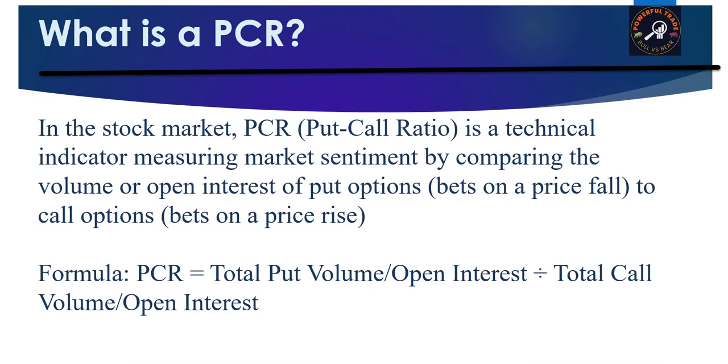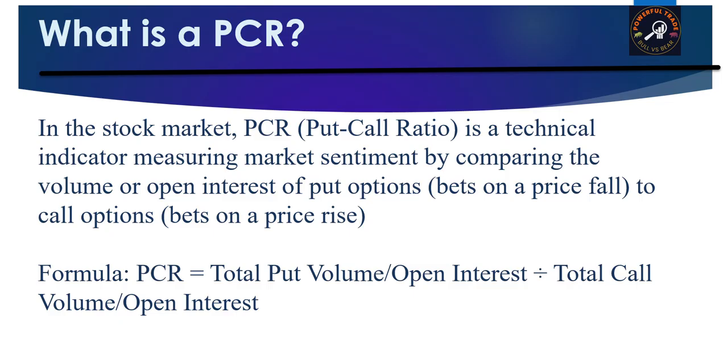Now we'll go into what PCR is and how it works. PCR is basically the put call ratio. It is a technical indicator. Generally, we are comparing the volume of puts and the volume of calls, how people are betting in puts and calls. That is the basic definition.